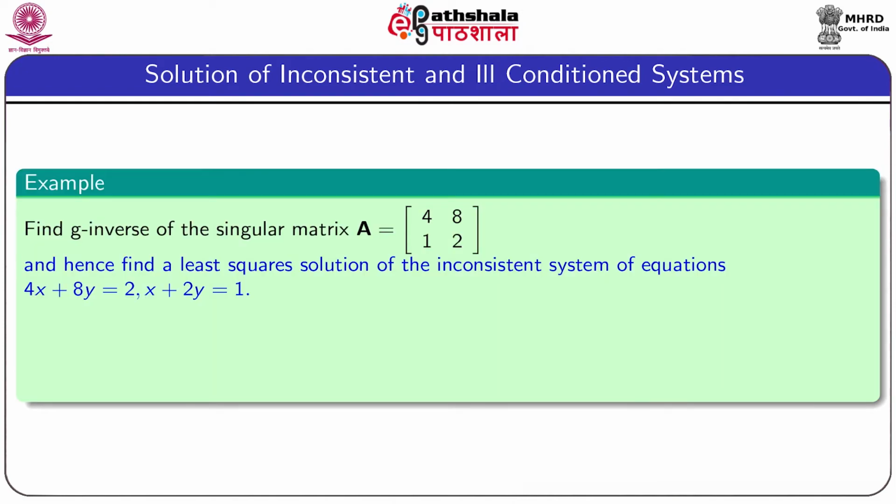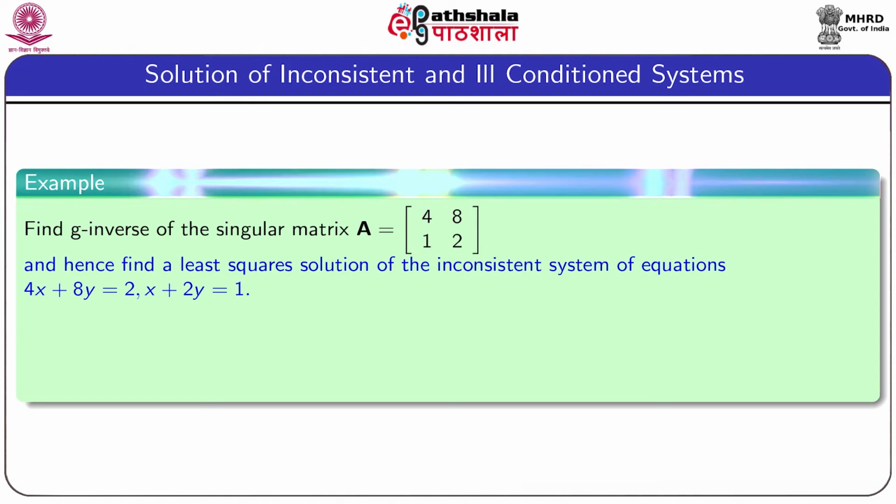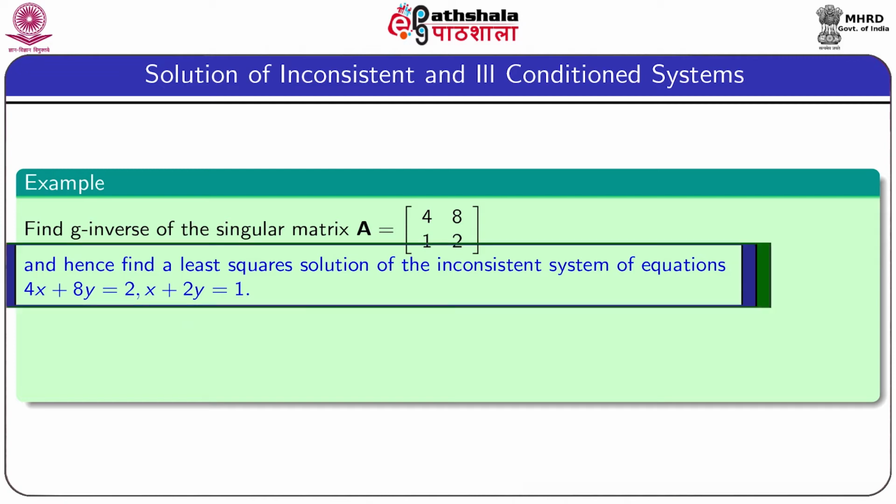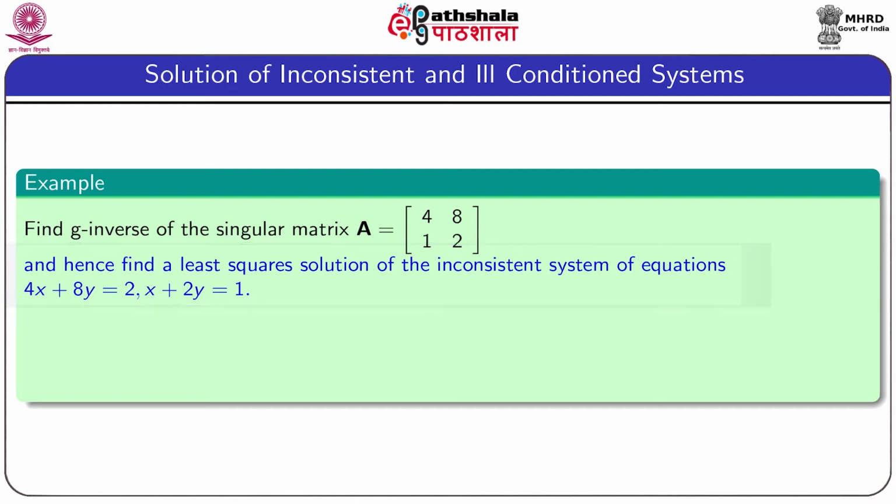Now we consider an example to illustrate the inconsistent system of equations. Let A be a matrix of order 2 by 2 whose first row is 4 8 and second row is 1 2. We have to determine the g-inverse of this singular matrix A and hence find a least square solution of the inconsistent system of equations 4x plus 8y equal to 2 and x plus 2y equal to 1.